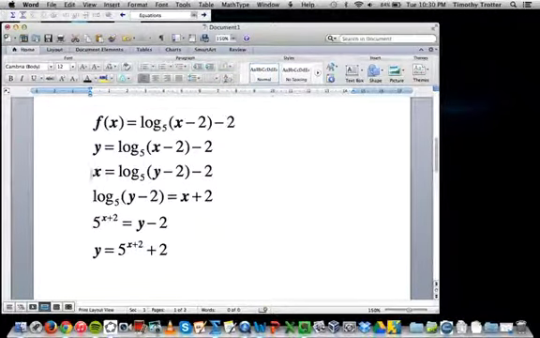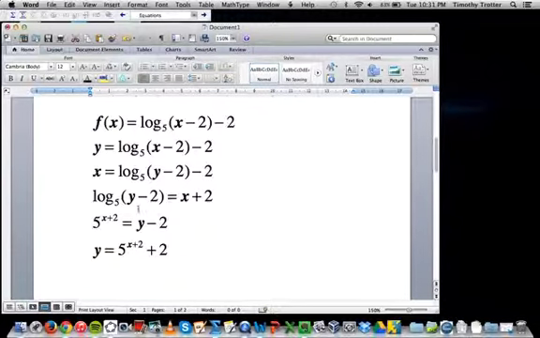Then to find the inverse function, we switch the variables, we change the places of x and y, and now we're going to solve for y. We isolate y, and that will become our inverse function. To get this next step I did the same thing: I added 2 to both sides, and then I switched the left and the right side, moving this over to the left and the answer over to the right.